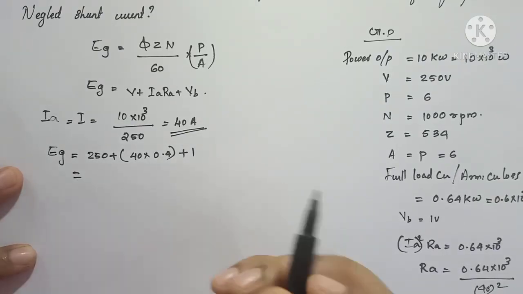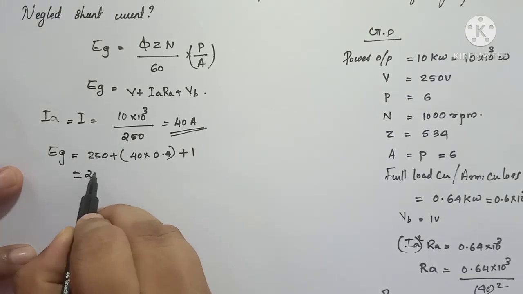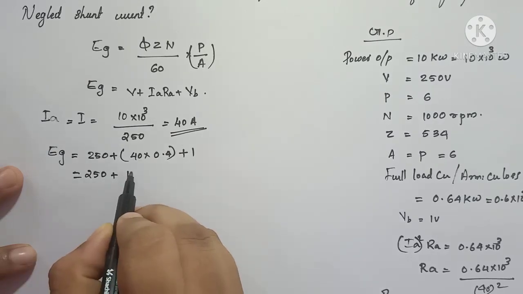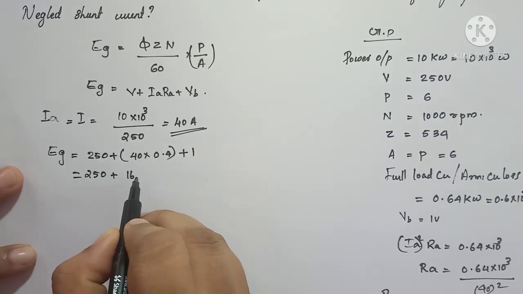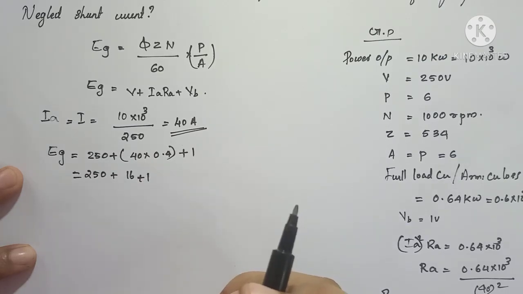And finally we will get the generated voltage as 250 plus 16 plus this 1 volt.